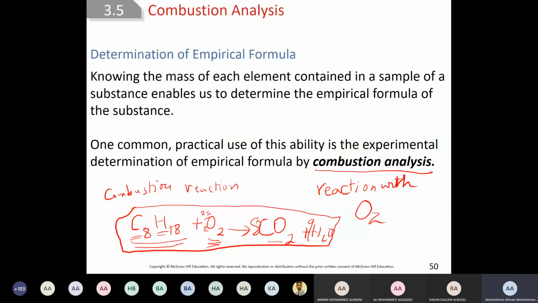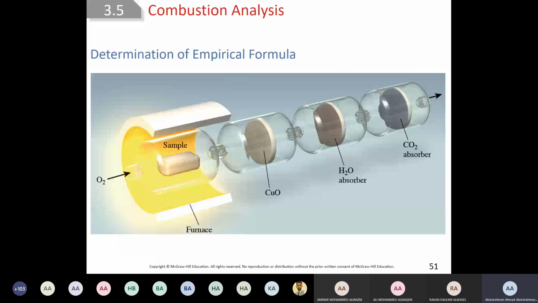And what do you mean by combustion? Combustion means reacting an organic compound with oxygen to make CO2 and H2O. That's the combustion reaction. Good? We do this in an instrument, if we want to do combustion analysis.